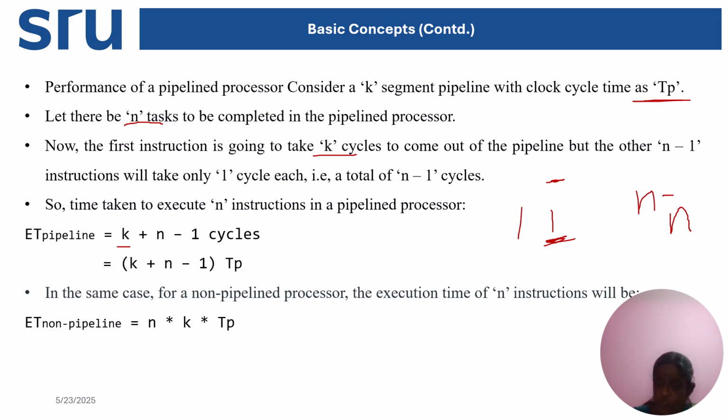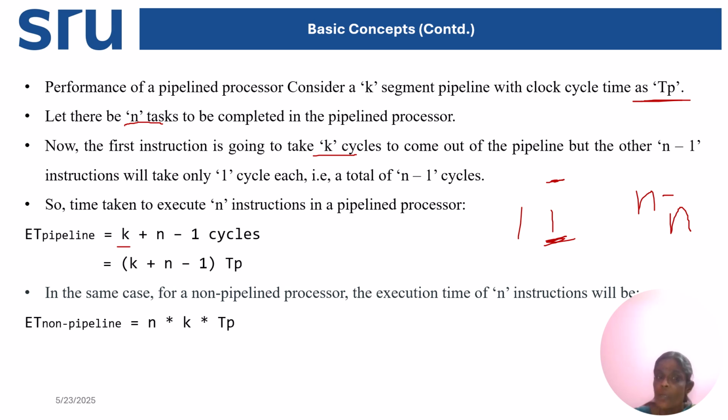In the same case, for a non-pipelined processor, the execution: we do not have any overlapping. So continuously each and every instruction takes, suppose K segments, every instruction K clock cycles it needs. For one segment, one clock cycle.